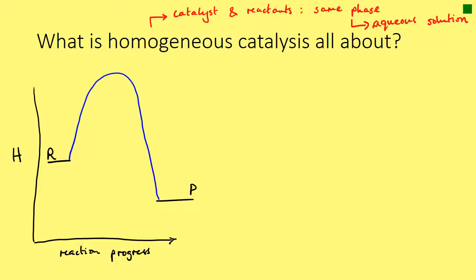So let's illustrate that in red. So this enthalpy difference here is our activation energy, where the red one is our uncatalyzed reaction.